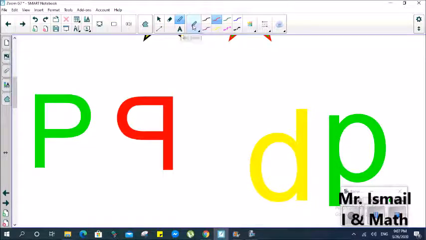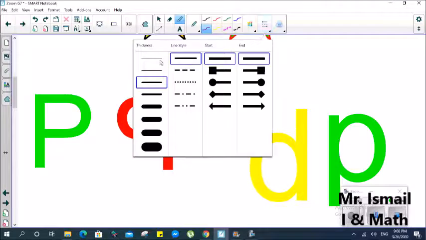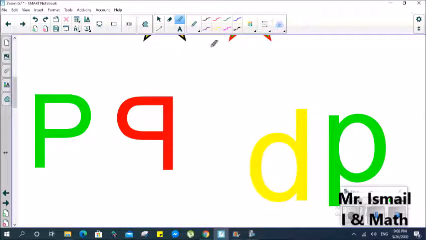I will do something small to help me know whether I will use reflection or rotation. Just do a small arrow. You see this arrow? Here and here. They are opposite, right? When you have opposite, that means you have to use what? Reflection. I will reflect it.